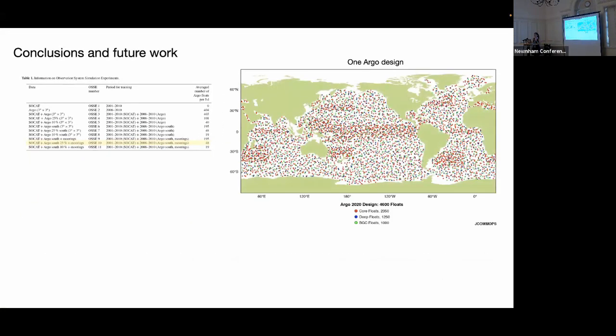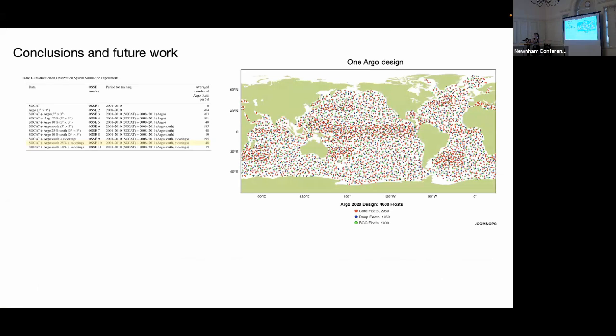Again, the goal, like I said, we have about 4,000 floats overall globally. But the goal will be to implement what is called the One Argo design. Most of the floats we have are core floats, so temperature and salinity only. Then we have biogeochemical floats, which we have started to deploy over the last 5 years or so.